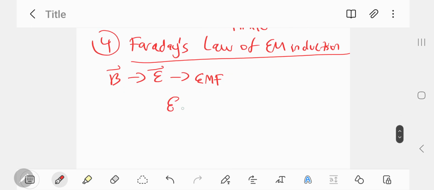So from module 6, it's expressed as follows. Let's take n to be 1 for now. So epsilon here is the electromotive force measured in volts. Delta phi, that's the changing magnetic flux. And delta t, that's the change in time.